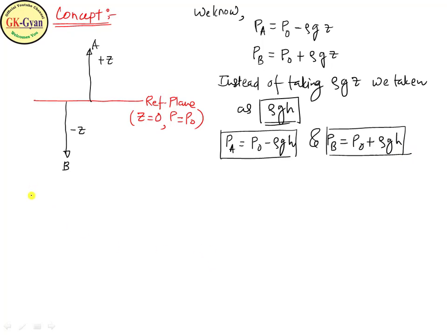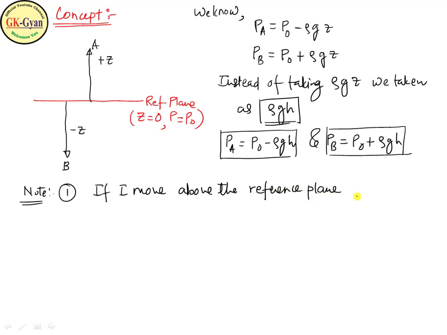So the concept is, note down, first one: if I move above the reference plane, I will select the negative or minus sign while writing the pressure.